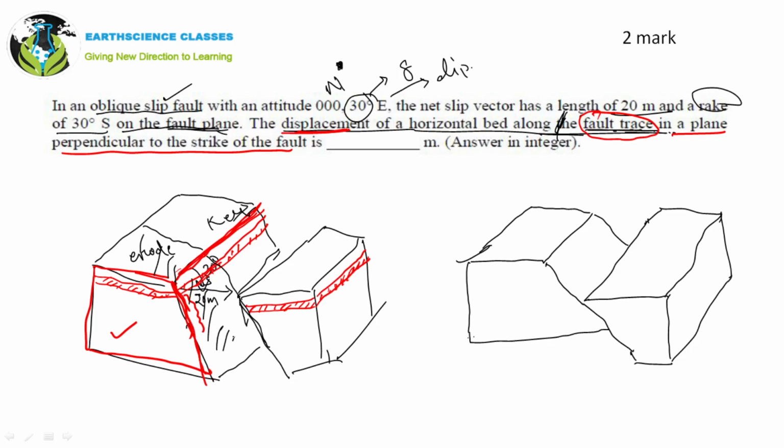Only to show this fault trace in a plane perpendicular to the strike of the fault, I have to show this. So you can see this is the strike of the fault, and perpendicular to the strike, this is the plane, right?